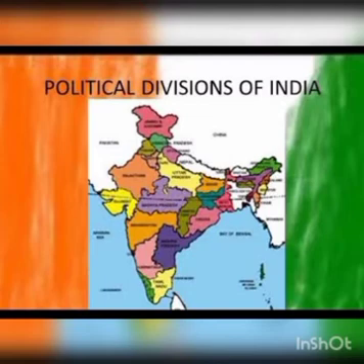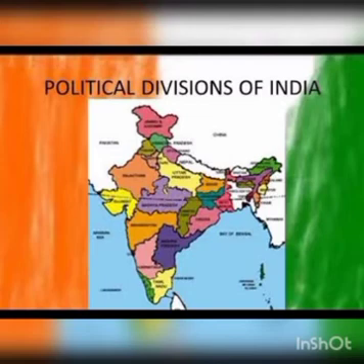Now we study the Union Territory of Dadra and Nagar Haveli. Where does it lie? It lies between Gujarat and Maharashtra. It is made up of about 70 villages. How many villages? 70 villages.